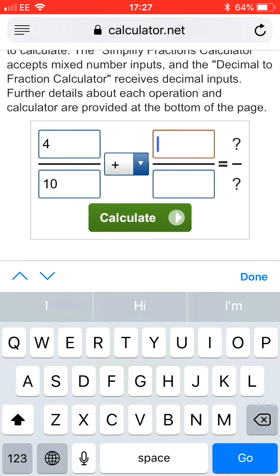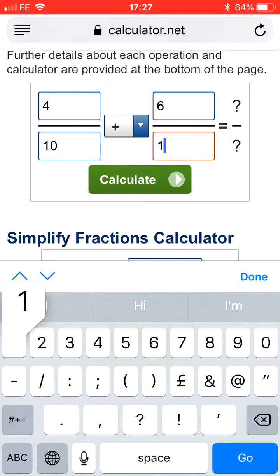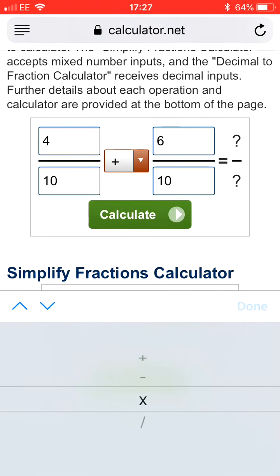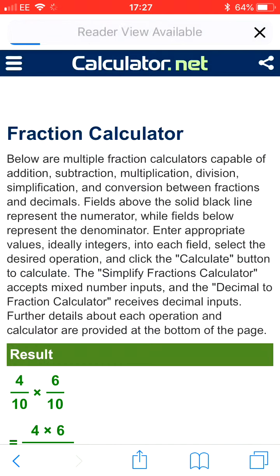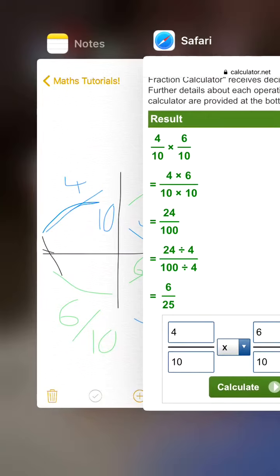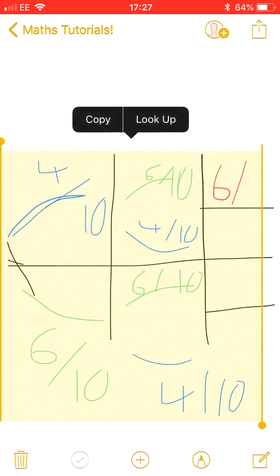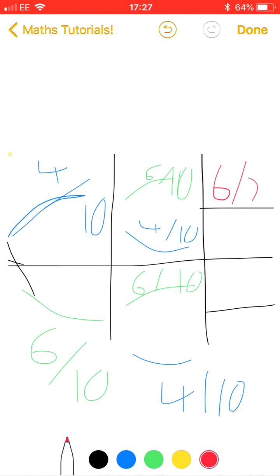It's always times, guys. This website will show us the method on how to do it. So it's 6 out of 25, and here we would write 6 out of 25.